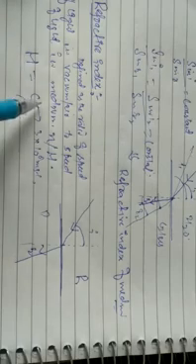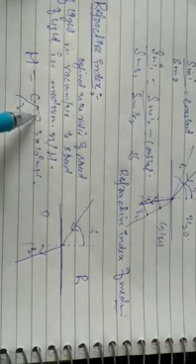This C over V is called the refractive index, and as it is a division between two similar quantities, speed and speed, the unit here is meter per second and the unit here is meter per second.